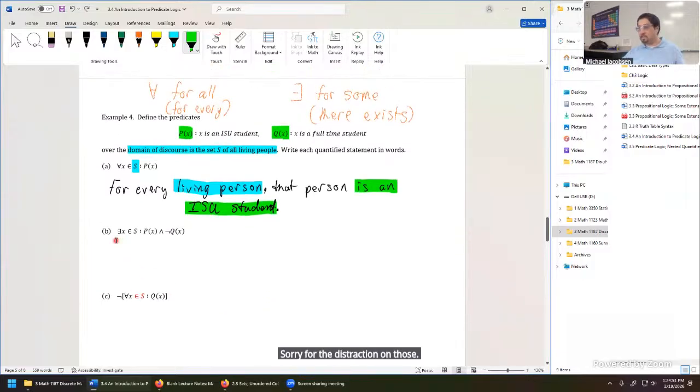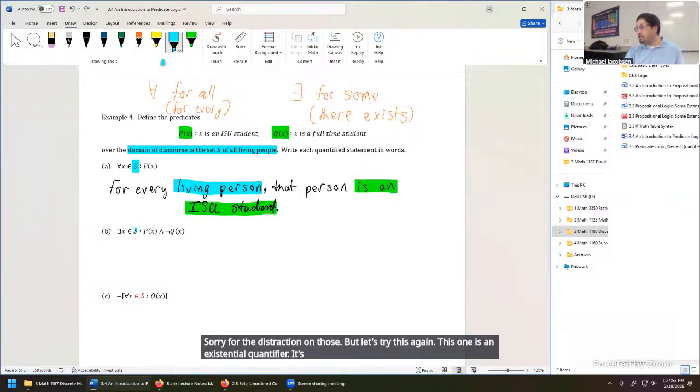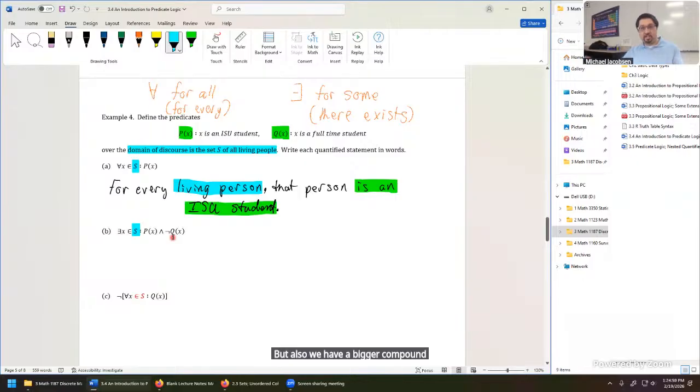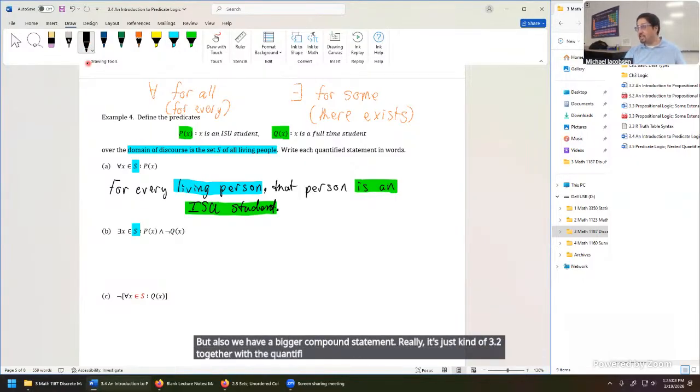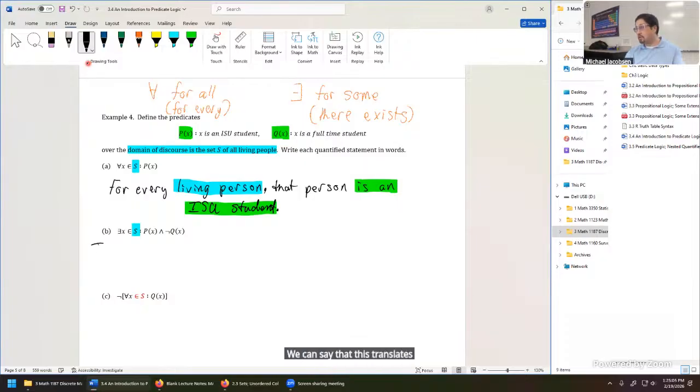But let's try this again. This one is an existential quantifier. It's talking about the domain of discourse S. But also we have a bigger compound statement. Really, it's just kind of 3.2 together with the quantifiers. We can say that this translates to there is some person, implied to be a living person.